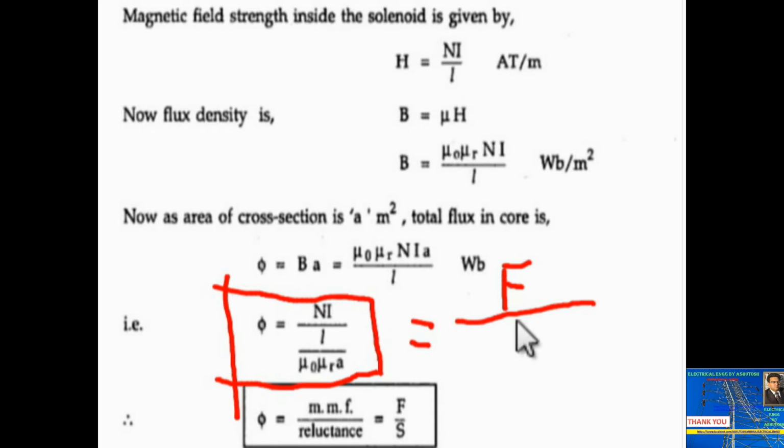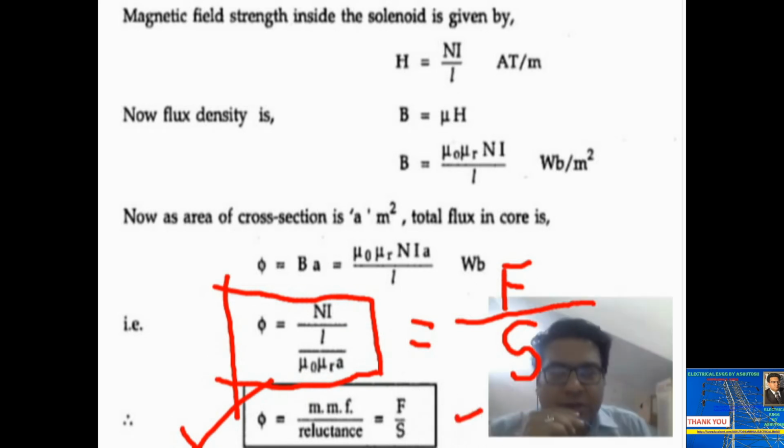You see F, and this is the formula for S, reluctance: L upon mu 0 mu r into A. So guys, the formula for flux becomes MMF upon reluctance, capital F upon S. And this is a very important formula, guys. This is a very important relation.